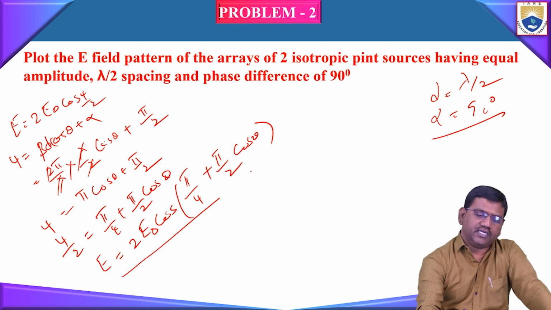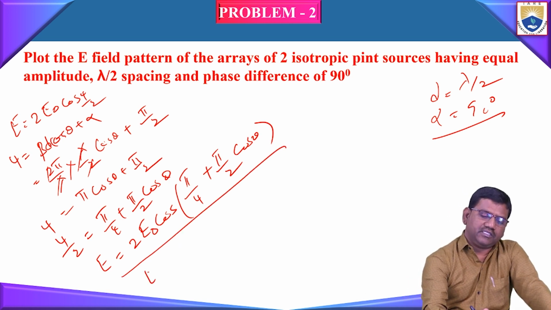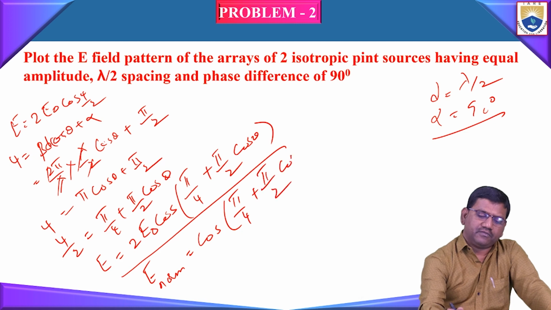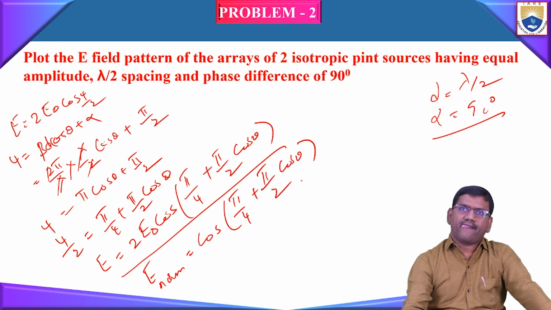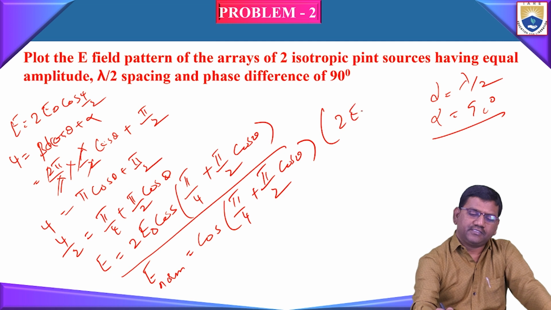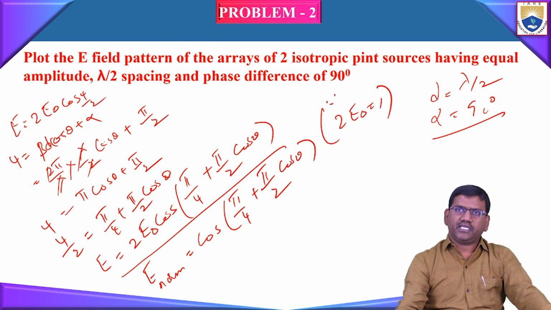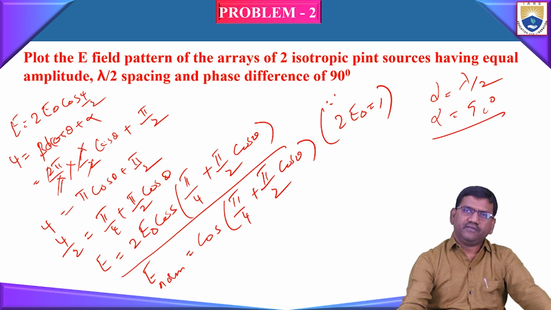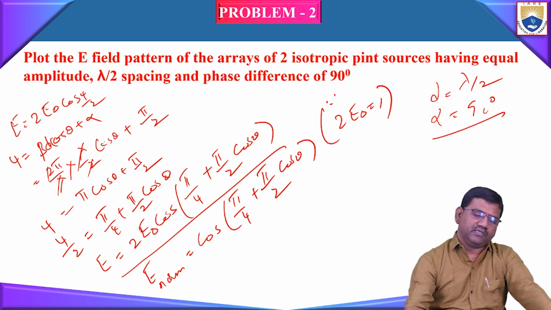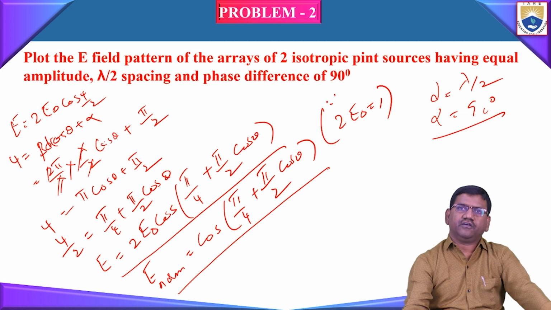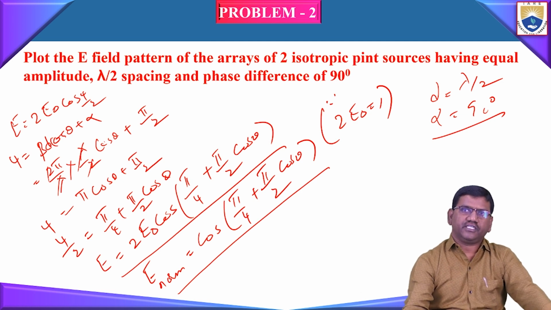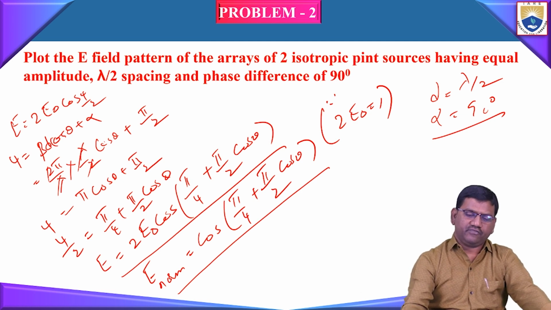So for this function, if we normalize, you will get E normal is equal to cos of pi by 4 plus pi by 2 cos theta, assuming 2 E naught as 1. Assuming the maximum value of amplitude is taken as 1, that is 2 E naught is equal to 1. For this function, we need to find out the value of E for different values of theta.